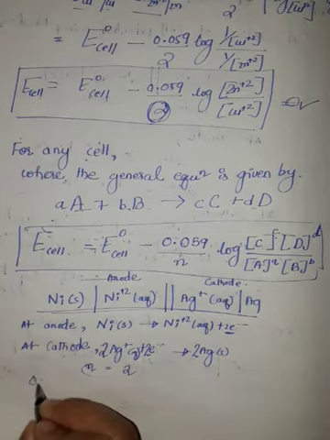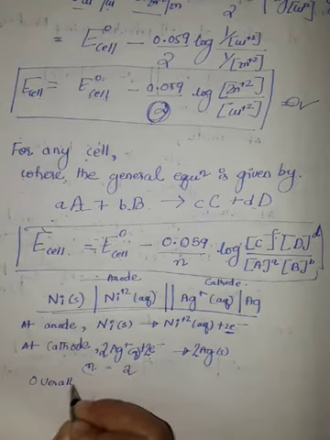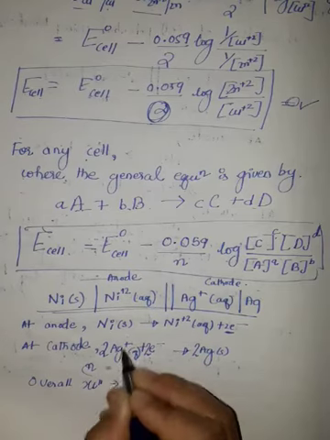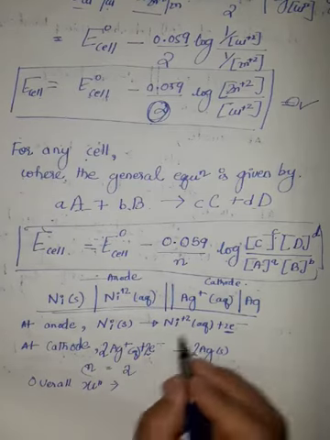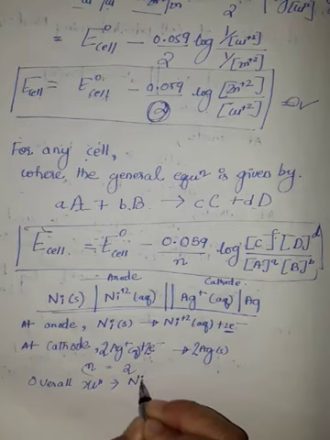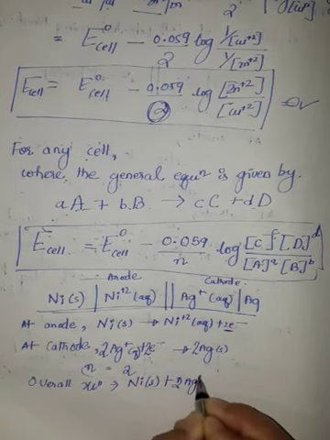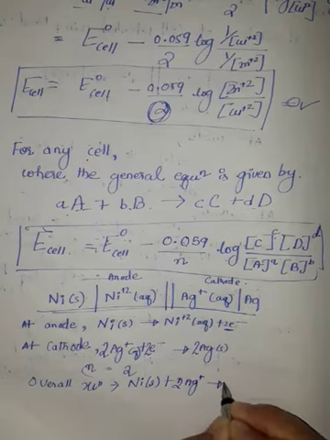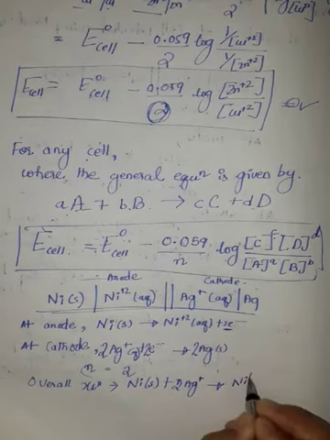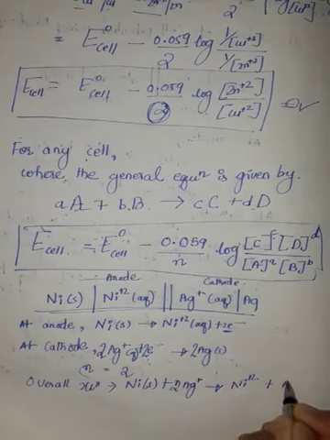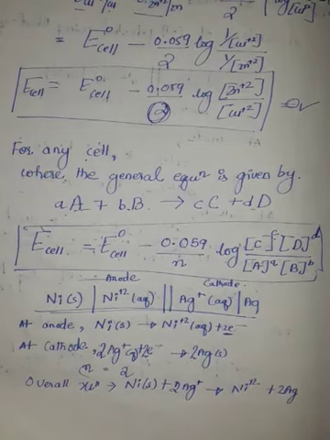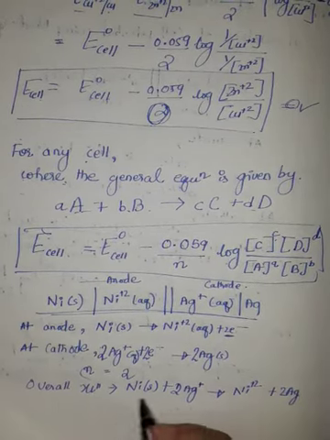Now what is the overall reaction taking place? Add the two equations: nickel solid and silver ion on one side give nickel ion and silver on the other side. Now what is the Nernst equation?